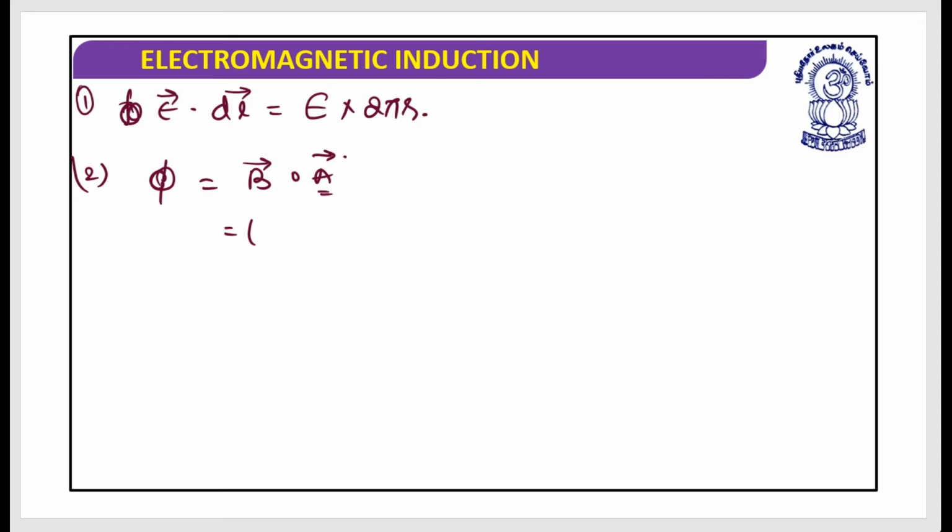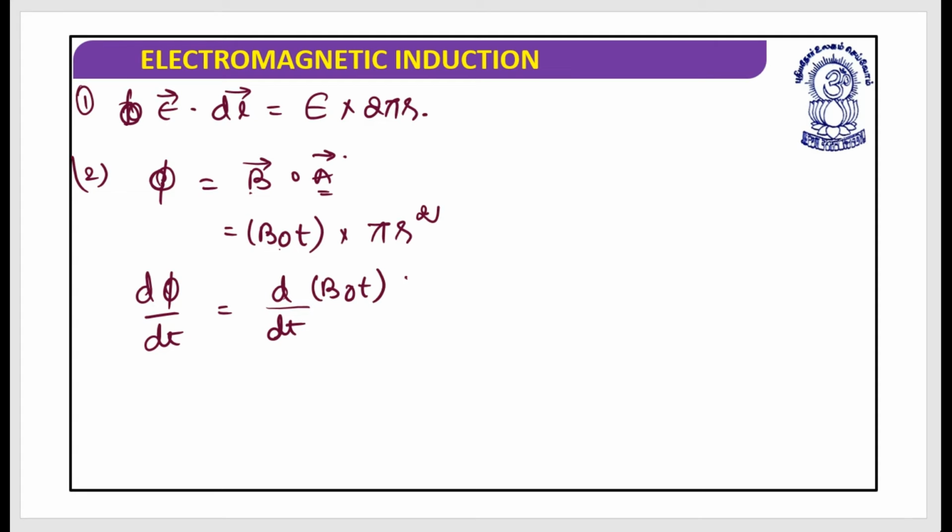So this equals B naught t, the magnetic field available up to this region, multiplied by the area pi r squared. This is phi. Now d phi by dt is d by dt of B naught t multiplied by pi r squared, which equals B naught multiplied by pi r squared. This is relation number 1, and this is relation number 2.